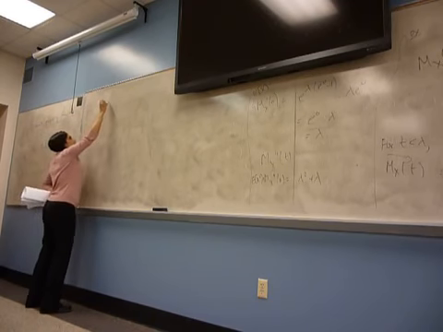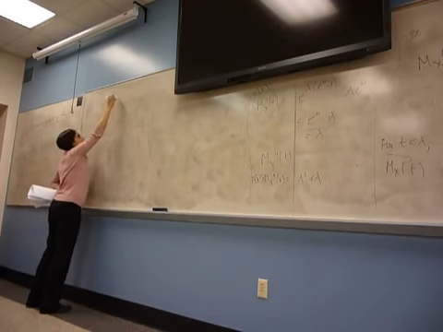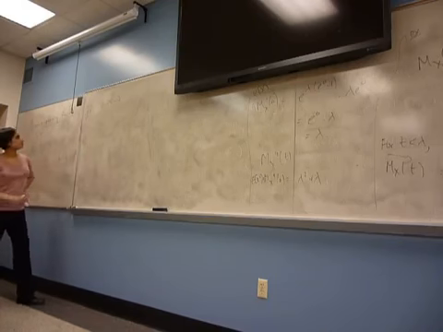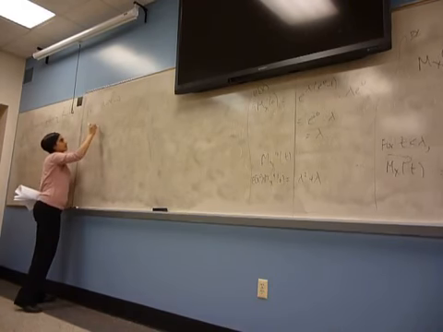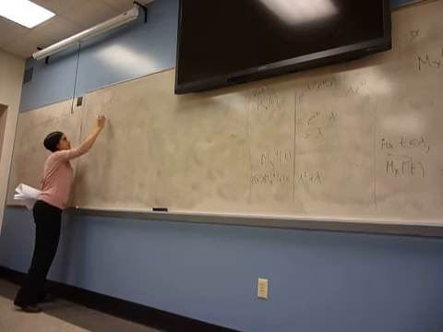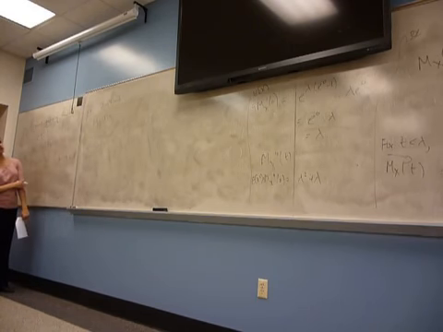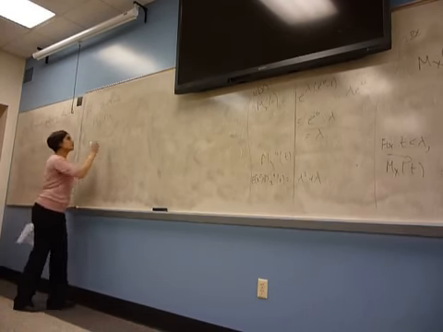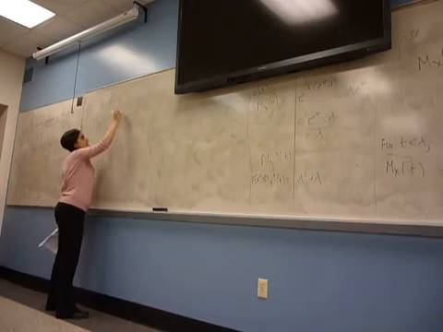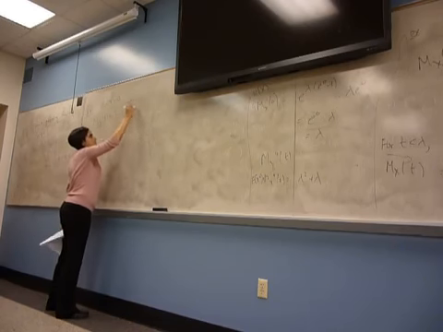Let's start with standard normals first. The moment generating function for a standard normal random variable, the definition is the expectation of e to the tZ.